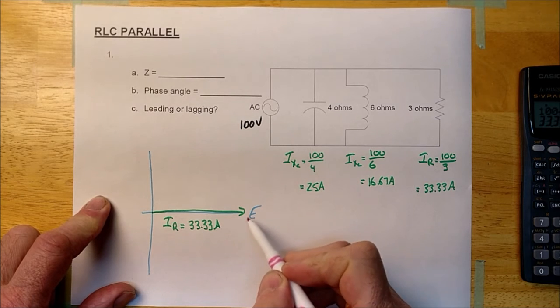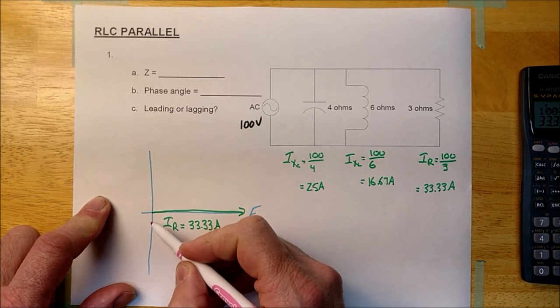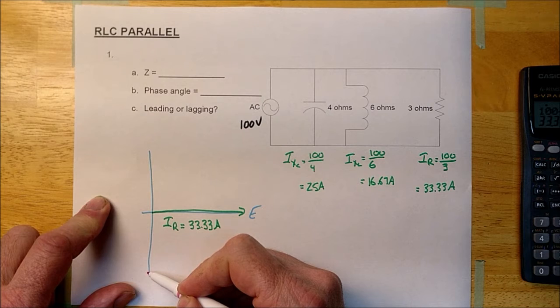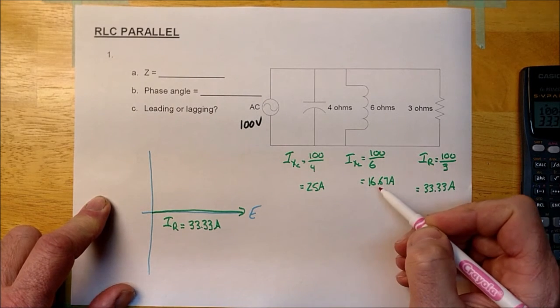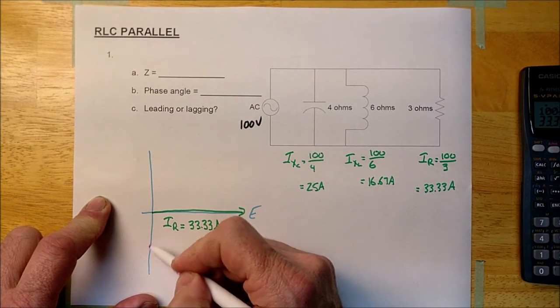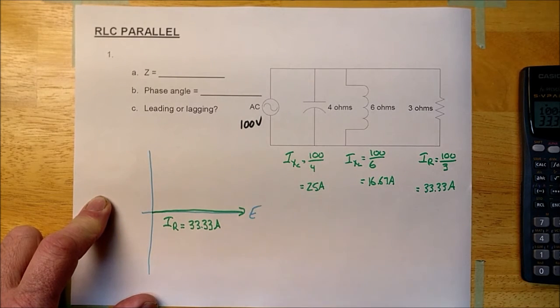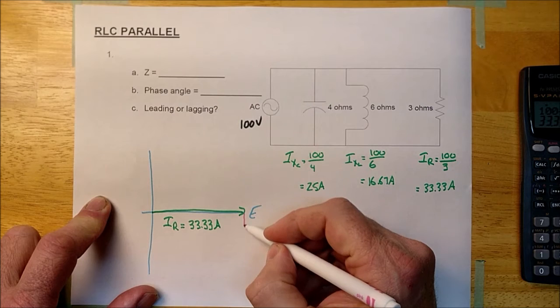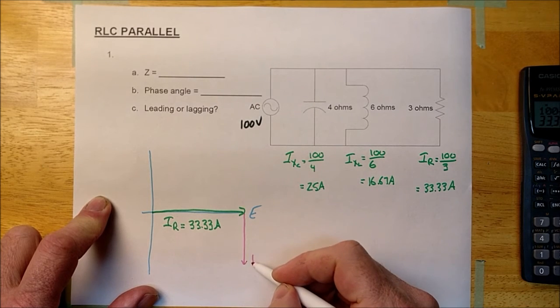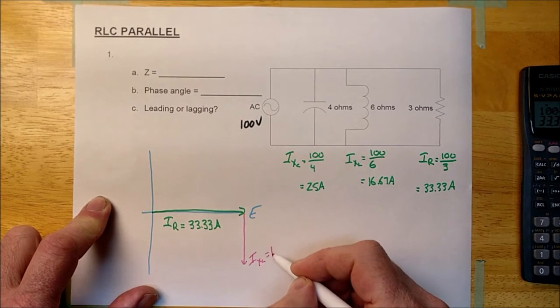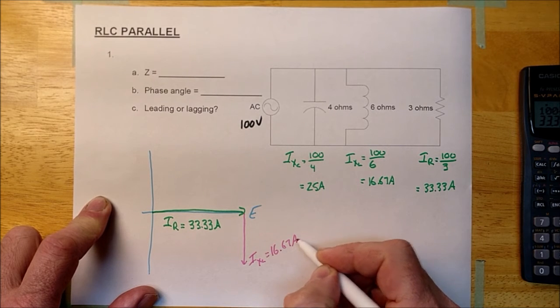And if I draw a phasor that's lagging this by 90, it's going straight down. Okay, so that 16.67 is down or clockwise from the voltage, but I'm going to move it tip to tail. So this guy right here, this is IXL. It is 16.67 amps.